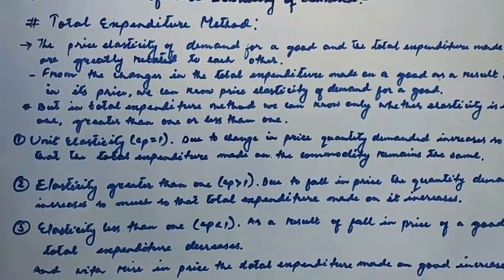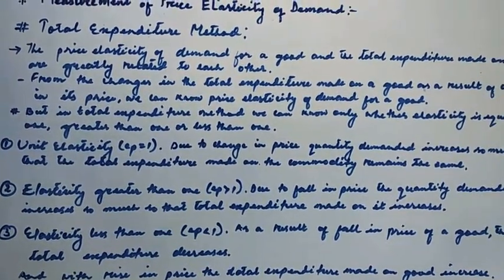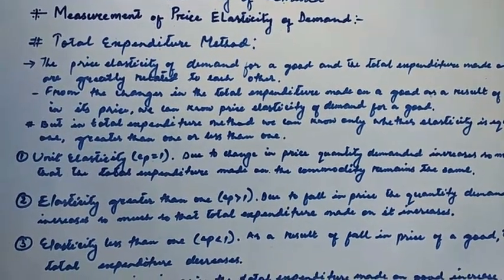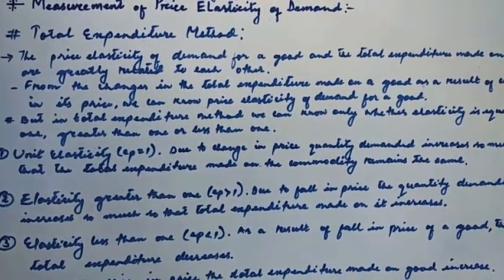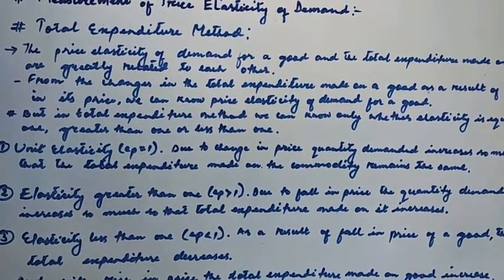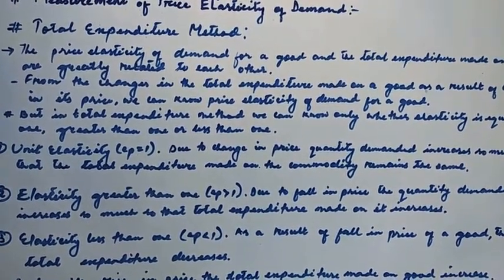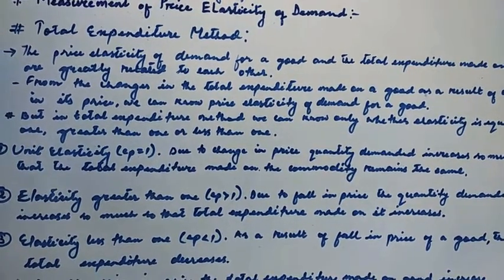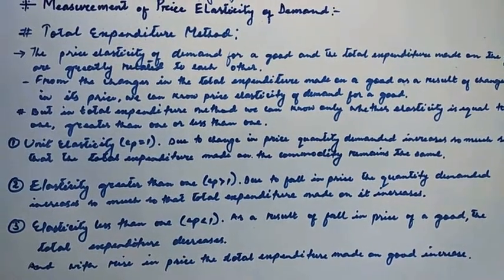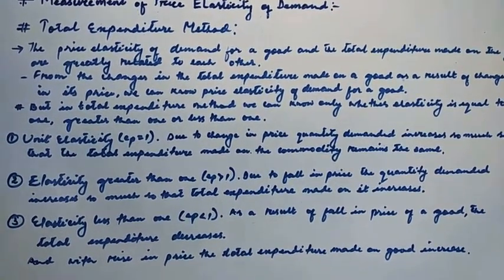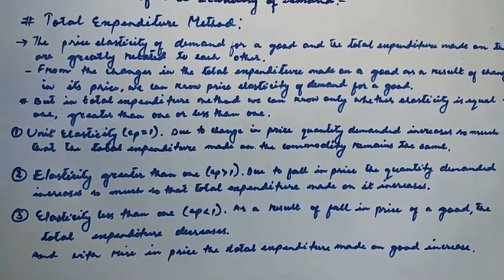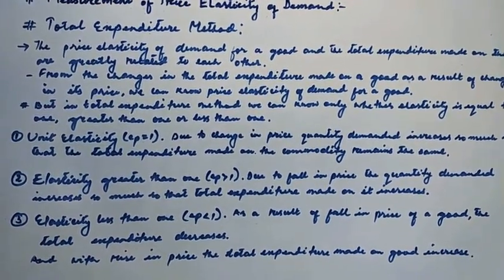So we are not able to give the degree of responsiveness in this method, but we are able to know whether it is unit elasticity, elasticity greater than 1 or elasticity less than 1. So we are able to know only these 3 conditions by using the total expenditure method. Let us see the 3 conditions.